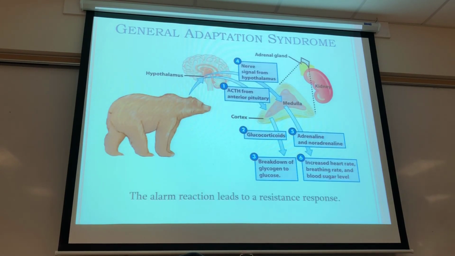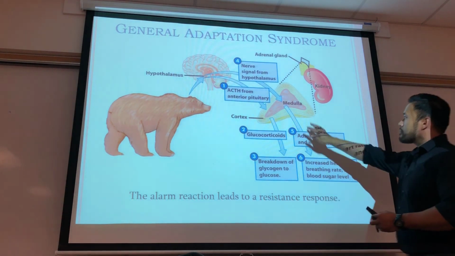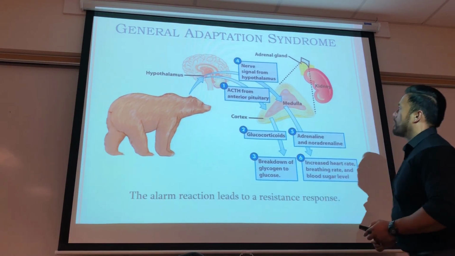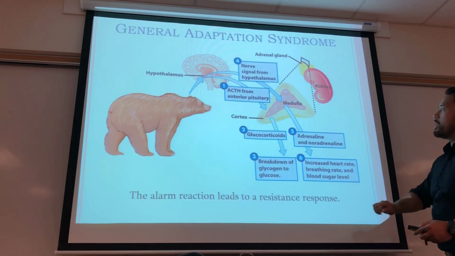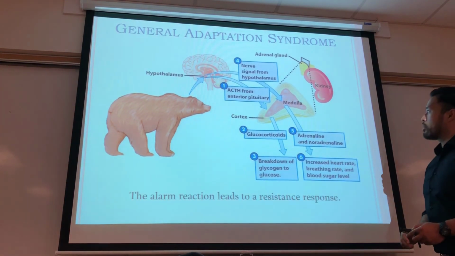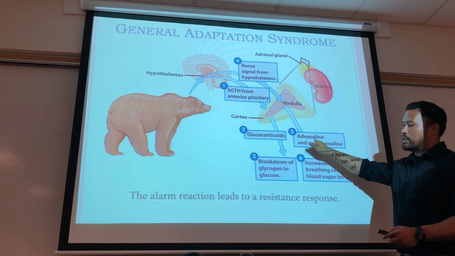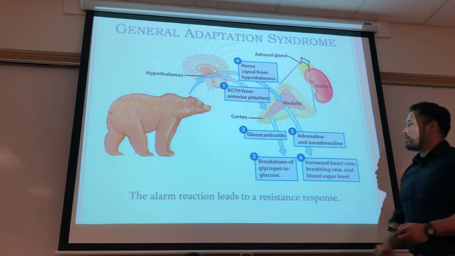So here you see the general adaptation syndrome. You see the hypothalamus come into play. You see ACTH from the anterior pituitary. You see activation of the adrenal medulla to start increasing the level of catecholamines. Increasing levels of ACTH will result in glucocorticoids. So not only do we see our epinephrine and norepinephrine, we also see cortisol levels.